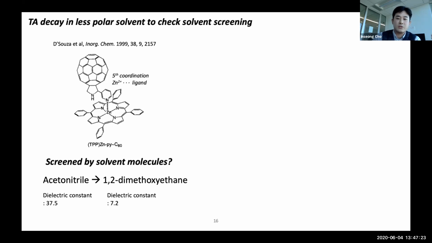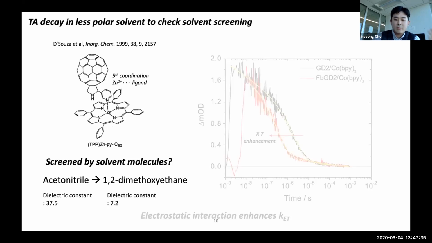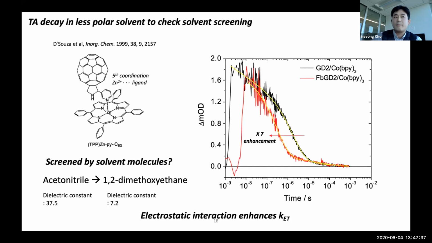So we changed that solvent into a much less polar solvent, dimethoxyethane, with a 7.2 dielectric constant. And what we found by comparing free base GD2 to GD2 was a 7-fold increase in the transient absorption decay rate, which means that in a less polar solvent system, this kind of electrostatic interaction may play a role in changing electronic coupling and charge transfer rates.